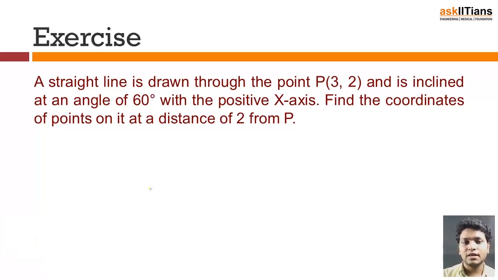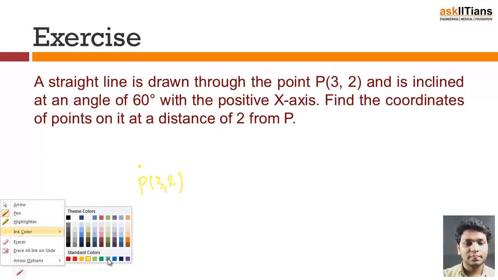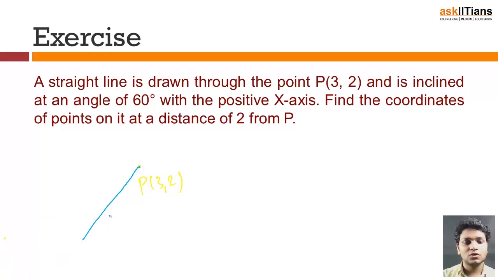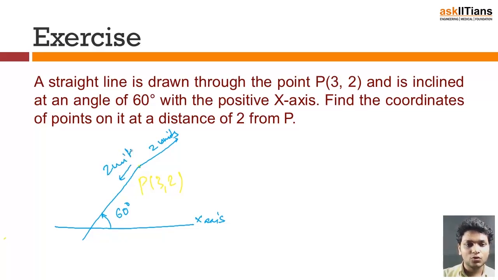You have a point P(3, 2) and a straight line is drawn from this point, inclined at an angle of 60 degrees. Suppose this is the x-axis, and the line is inclined with it at 60 degrees, and you have to find the coordinates of a point at a distance of 2 units. So it's a direct application of the format of line which we just did. 2 units can be above and 2 units can be down.